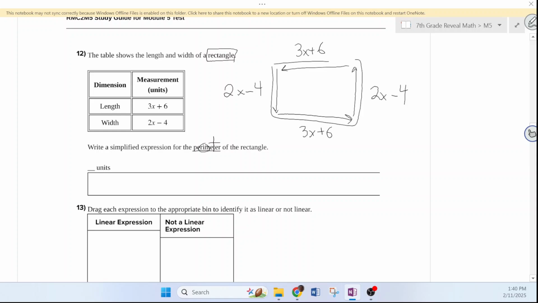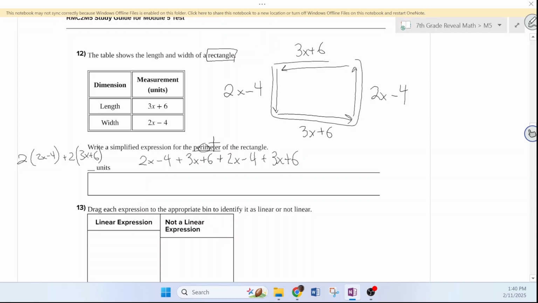All right, so we're going to be doing 2x minus 4 plus 3x plus 6 plus 2x minus 4 plus 3x plus 6. Another way to do it would be 2 sets of 2x minus 4 plus 2 sets of 3x plus 6.